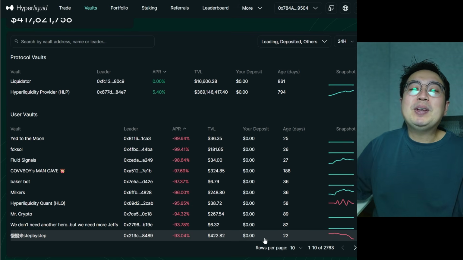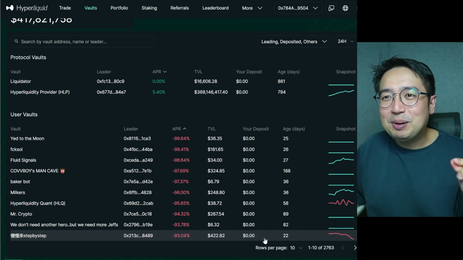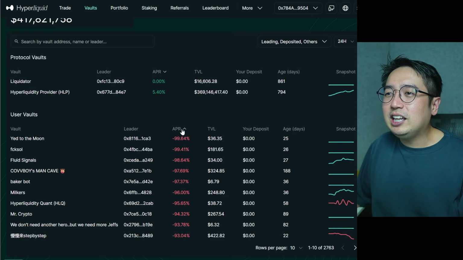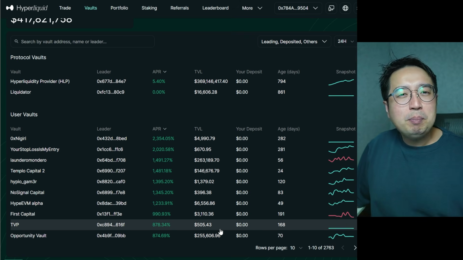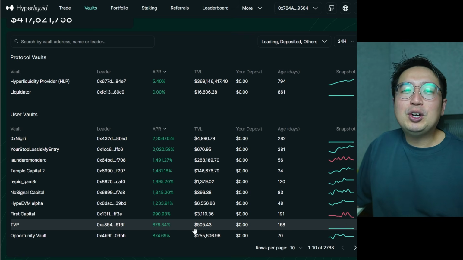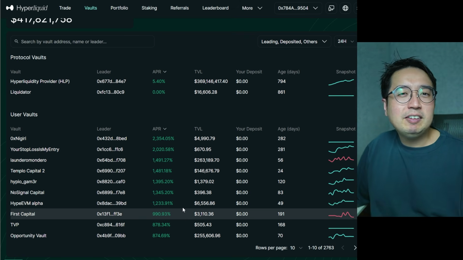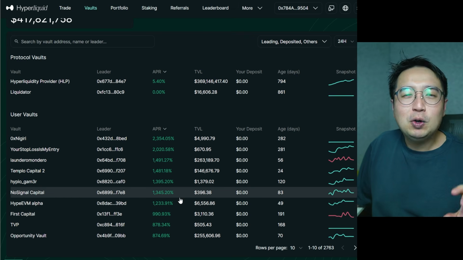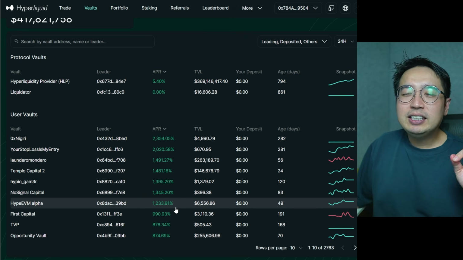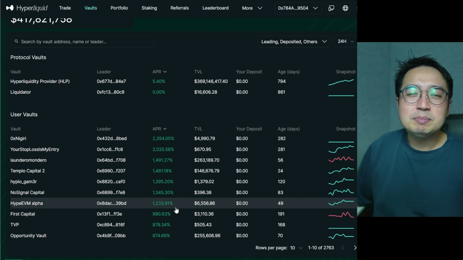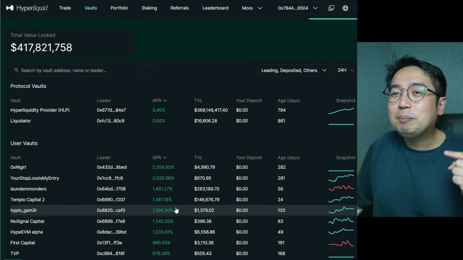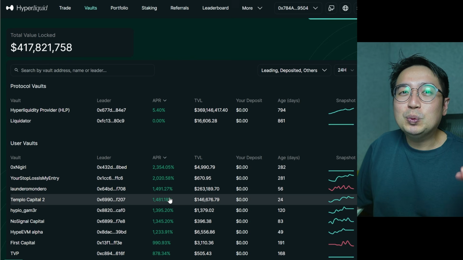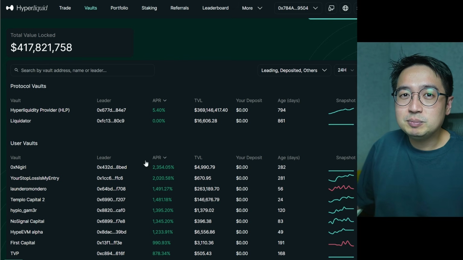So just because someone has a vault doesn't guarantee you're gonna make money, but you can kind of look into the different strategies people are using to make money or lose money. You want to learn from what they're doing, see if there's a pattern, maybe follow and risk a little bit to see what kind of opportunities come out of it. So user vaults are an interesting product, but again, be sure to risk what you can afford to lose.